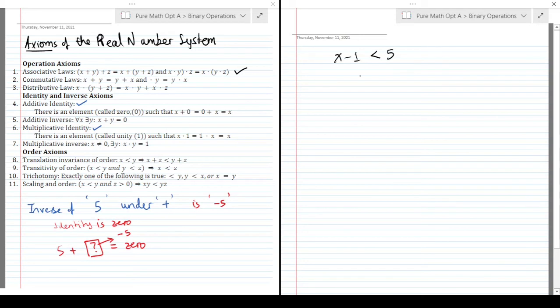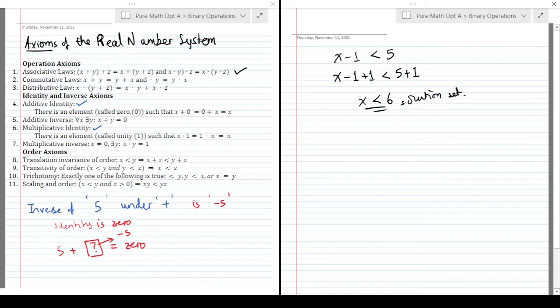Most people will say that x has to be less than 6. But the operation that actually took place was that you added 1 to both sides: 5 plus 1, and x minus 1 plus 1 is just x. So x is less than 6, and this is what you call your solution set.